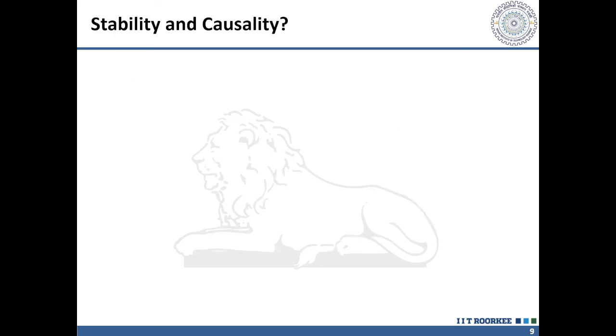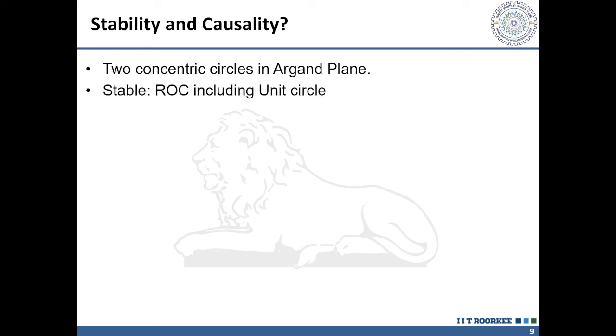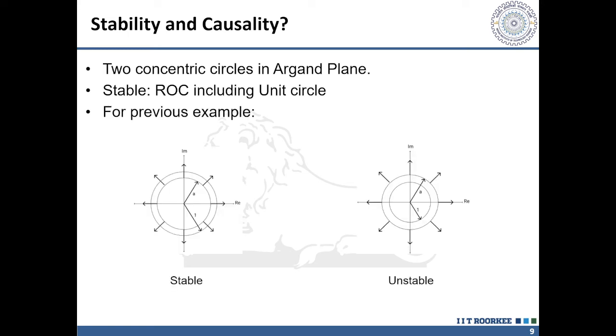The stability of a signal from Z transform is defined if ROC includes the unit circle. Just like in ROC of Laplace transform, where we had to include the jω axis. Therefore, for the previous example, picture 1 is stable as the region of convergence includes the unit circle, and the second picture is unstable as the unit circle is inside the circle of radius a.